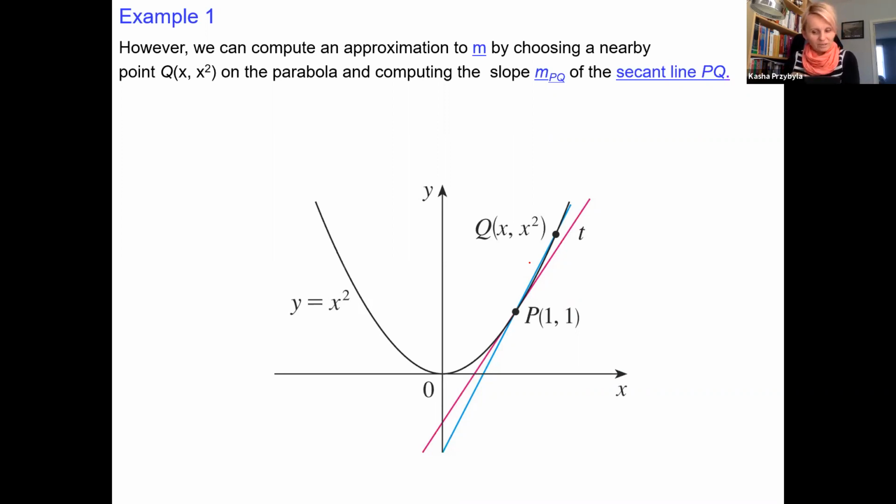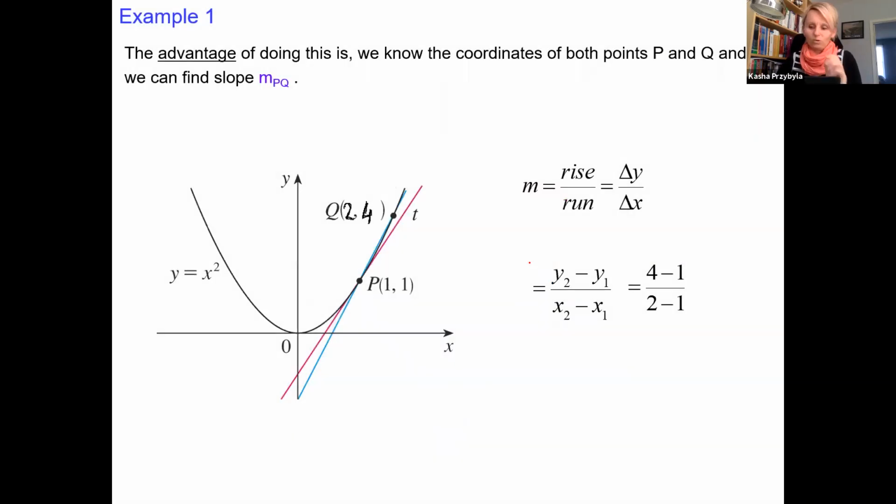Instead of x and x squared, let's take maybe point 2. That means now we have the original point 1, and I did pick 2, and the corresponding value is 4.